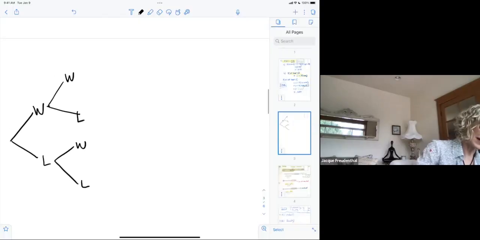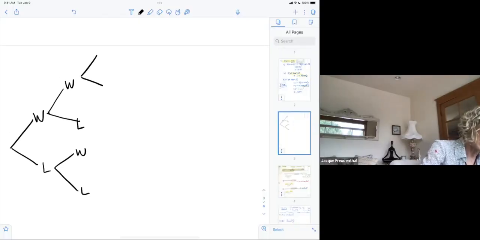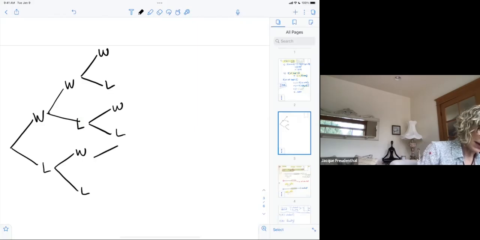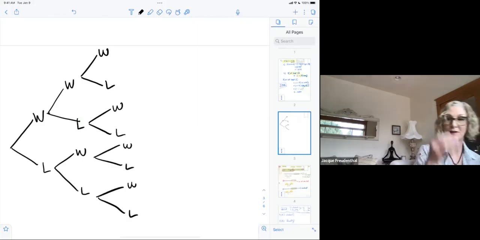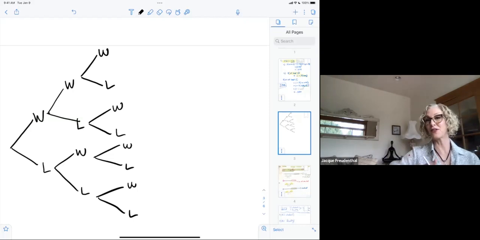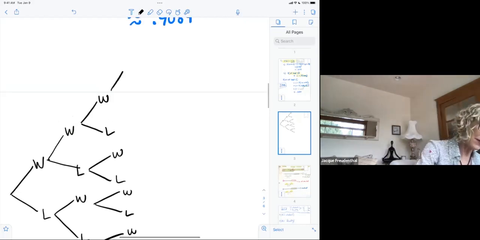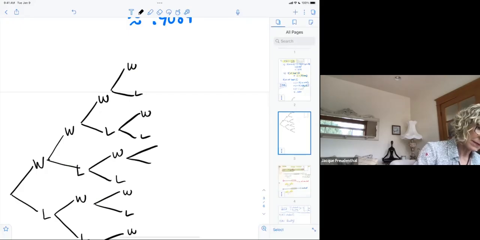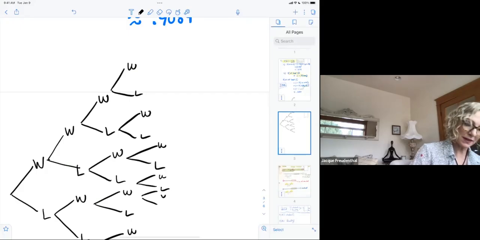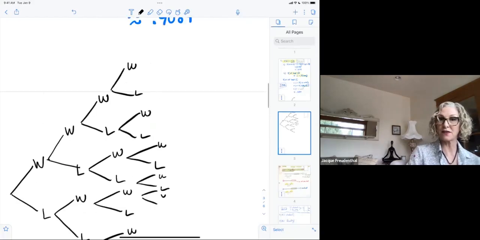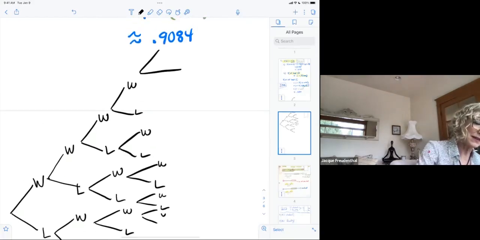Now I've got a third layer off of here because now I'm playing 3 times. So given what happened on the first couple rounds, now you have the 3rd round, then you have the 4th round. I'm not going to keep going on this, but you would fill all that out for the 4th round, and then it would be the 5th round.